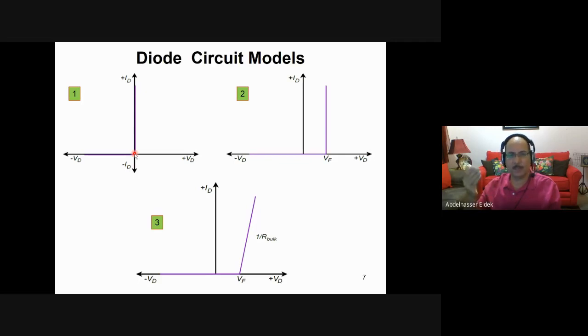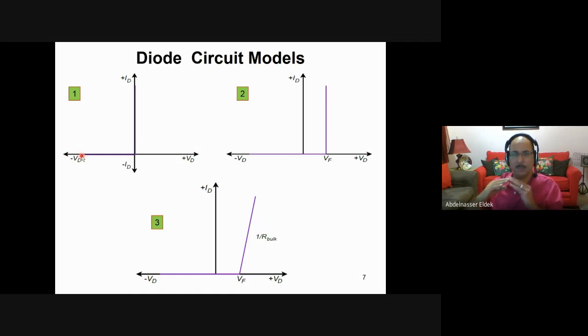We assume it's very small, 0. If we have a high voltage, for example 10 volt or 20 volt, then 0.7 is negligible with respect to this voltage. So we assume that the voltage across the diode is 0 in forward bias to have a current. In reverse, we also neglect Is, so we have a completely open circuit.